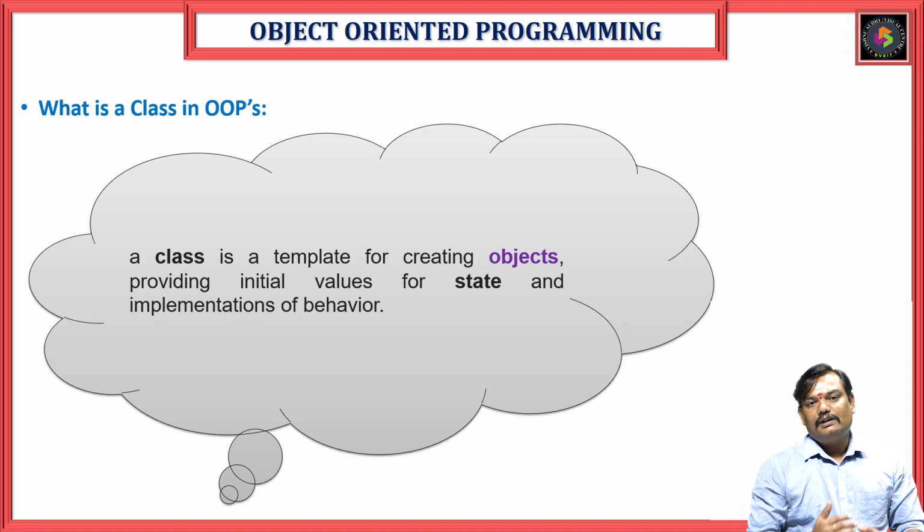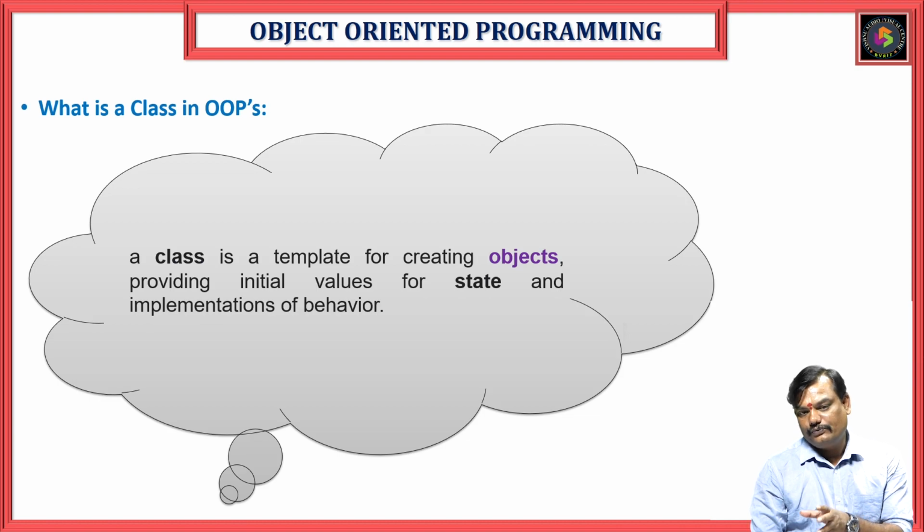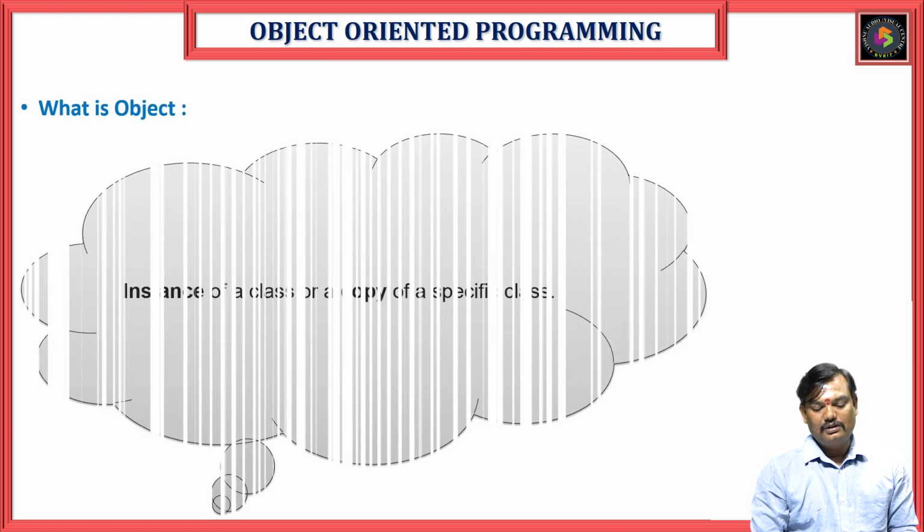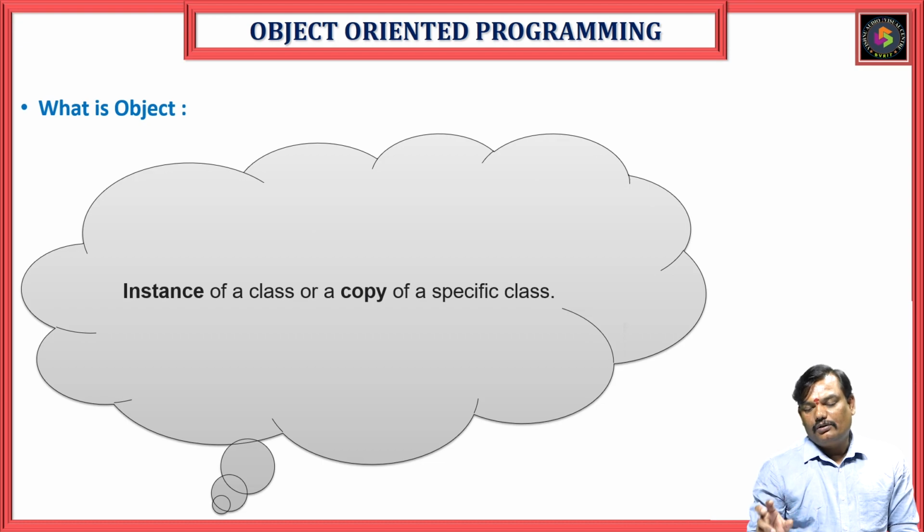So we can define a class as a template for creating objects, providing initial values for the state, and implementing the behavior for the object. And when I say object, we call an object an instance of a class or a copy of a specific class.